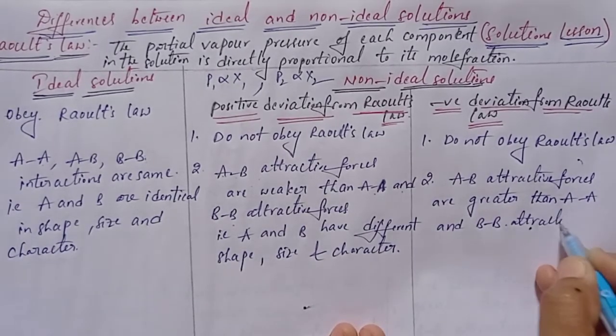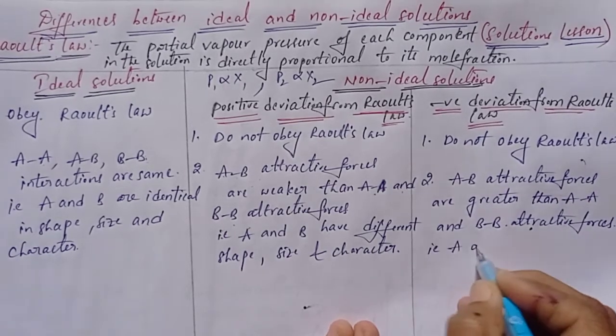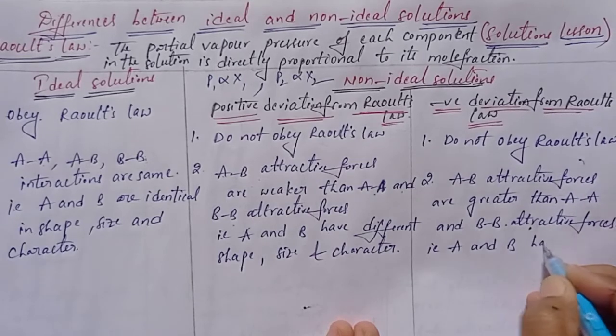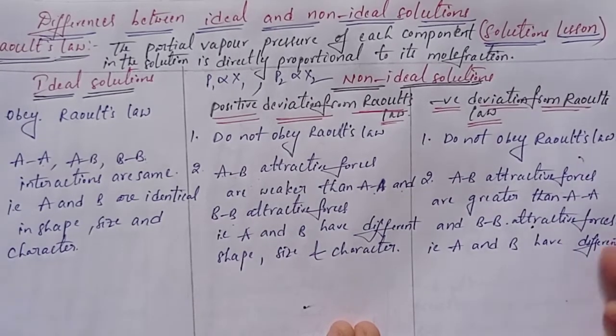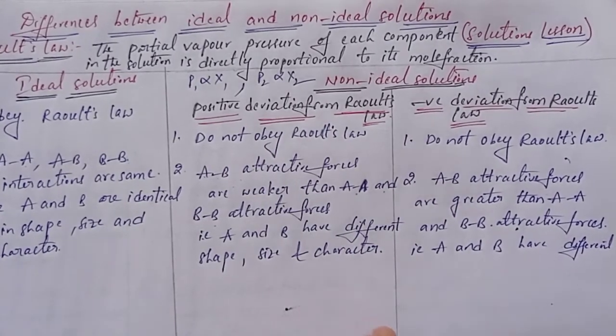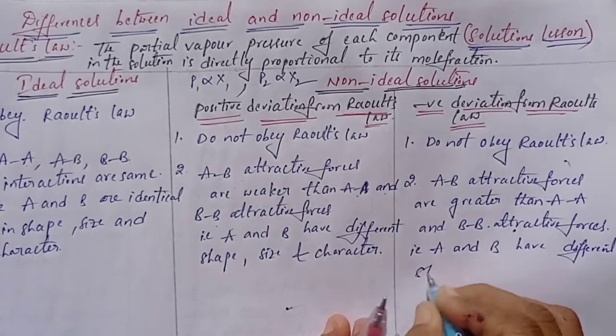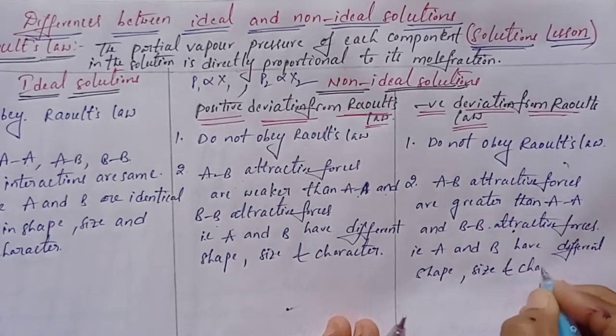A and B, two components, have different, which one, students? Different shape, size and character, students. Different shape, size and characters.